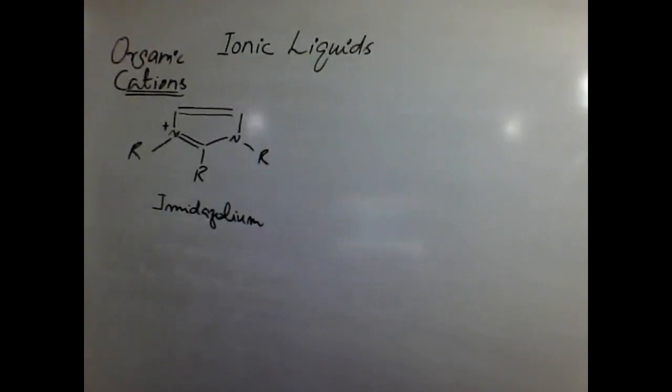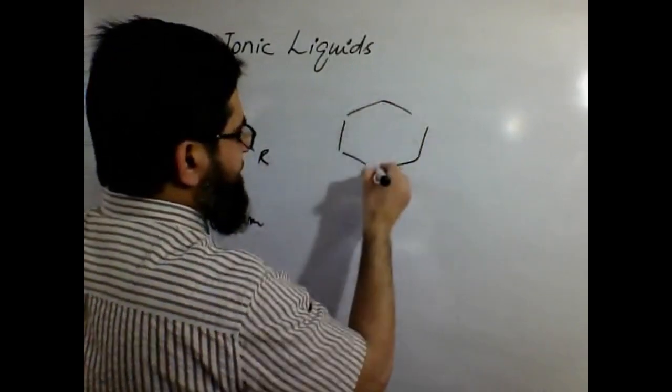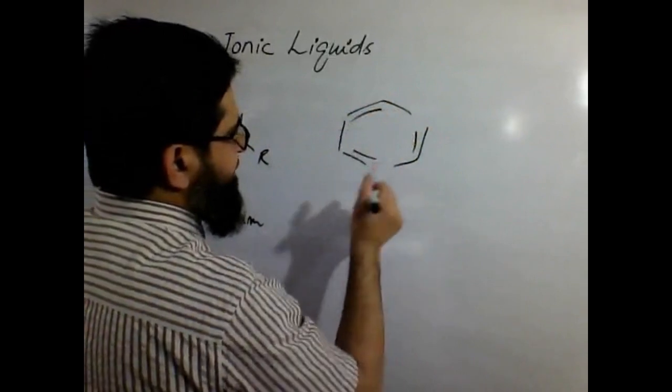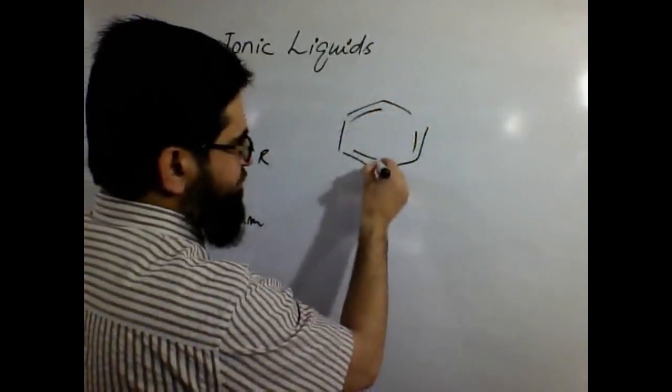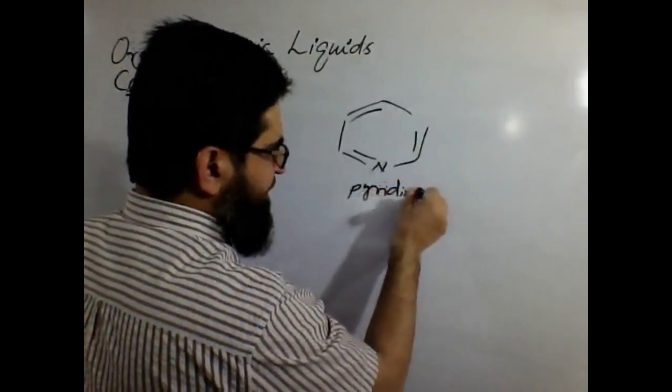Similarly, this is the very famous benzene. When one of the carbons is replaced by nitrogen, it is called pyridine.